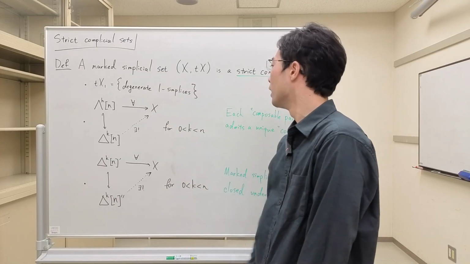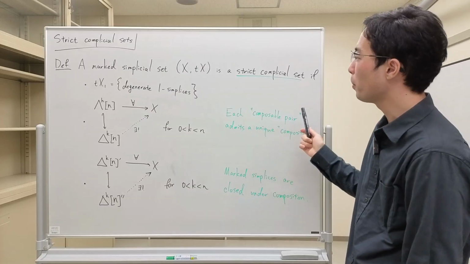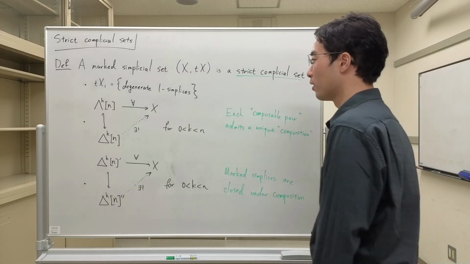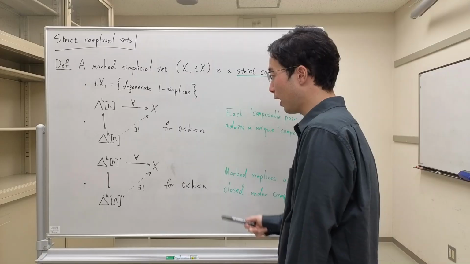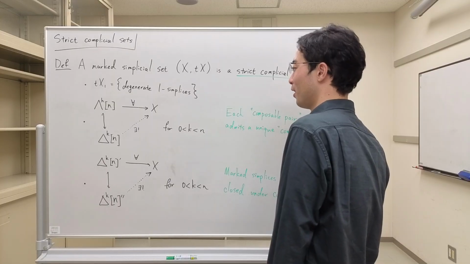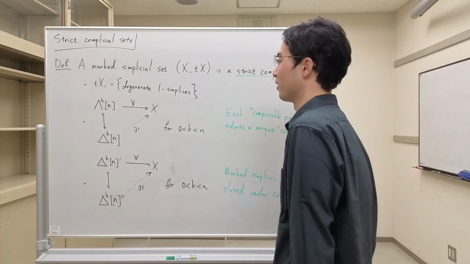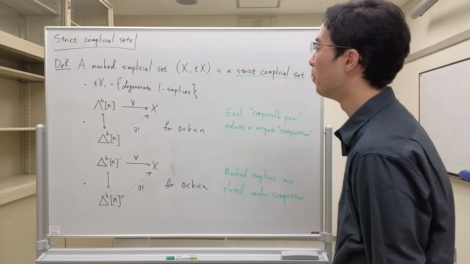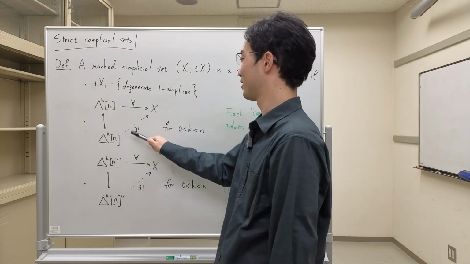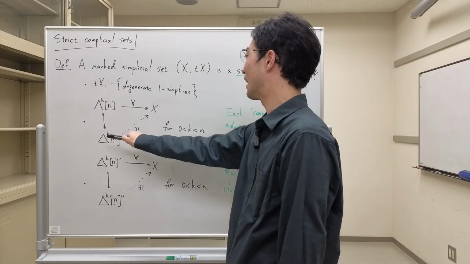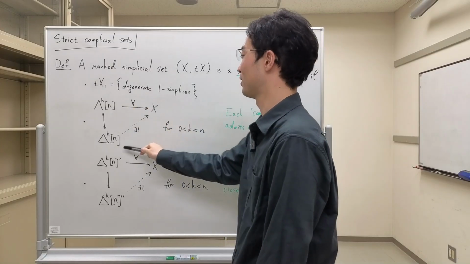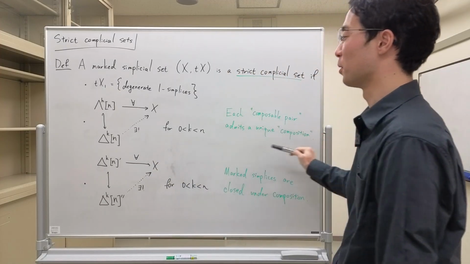The first condition is saying that each composable pair of simplices in X admits a unique composition. It is intentional that I'm saying composition rather than a unique composite, because the missing face of this simplex is the composite, but somehow this whole simplex is encoding the composition.